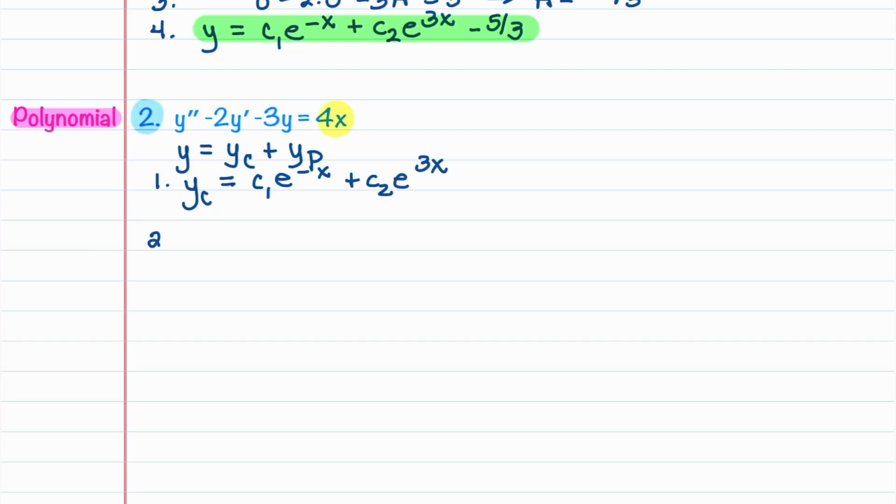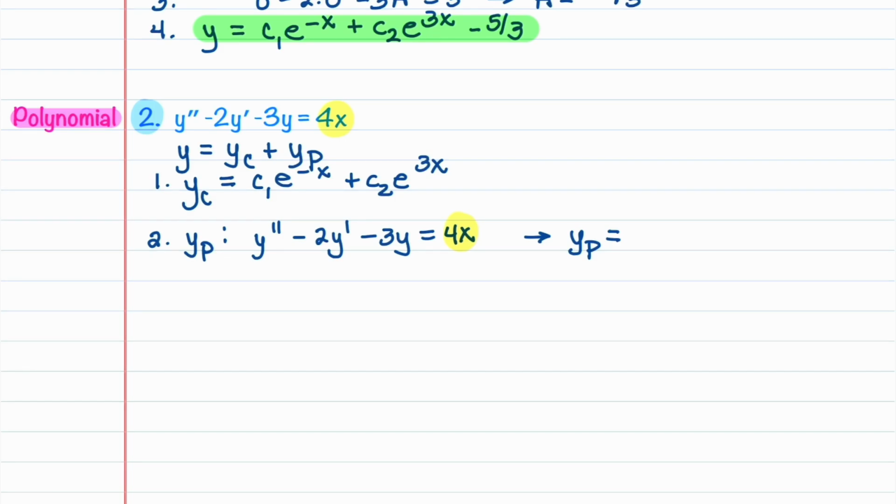Now we can move on to step 2, which is to find the form for the particular solution. Let's go ahead and write down our non-homogeneous equation. And we're going to choose that our particular solution is a polynomial that matches this form.